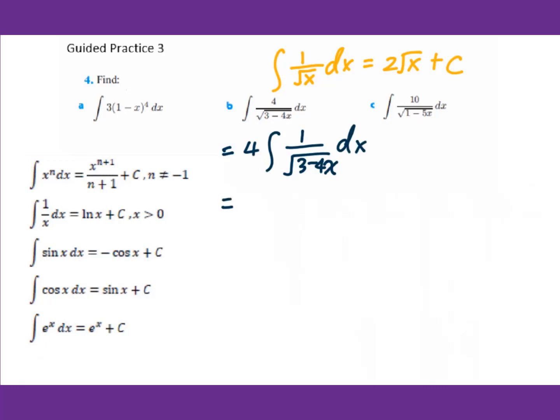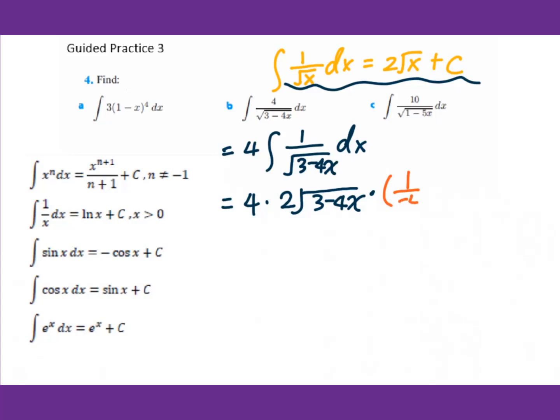Then you will get the 4 times 2 times the square root 3 minus 4x. I'm using this formula now. Then multiply by 1 over a, that is negative 4, then plus c. Reduce, you will get negative 2 square root 3 minus 4x plus c.